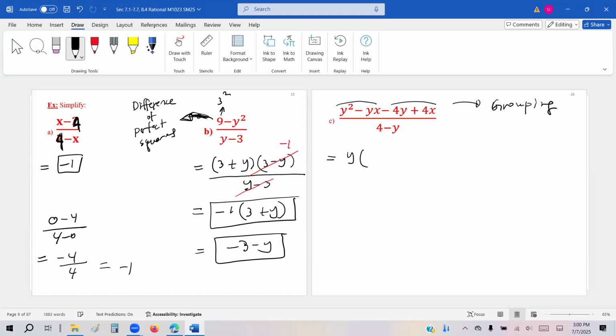Y. What remains? Y minus x. And then the second group, how does the second group start? With a negative, right? Do you like negative? So you have to pull out the negative. Then you divide it by 4, so you factor out 4. Then you get y minus x.